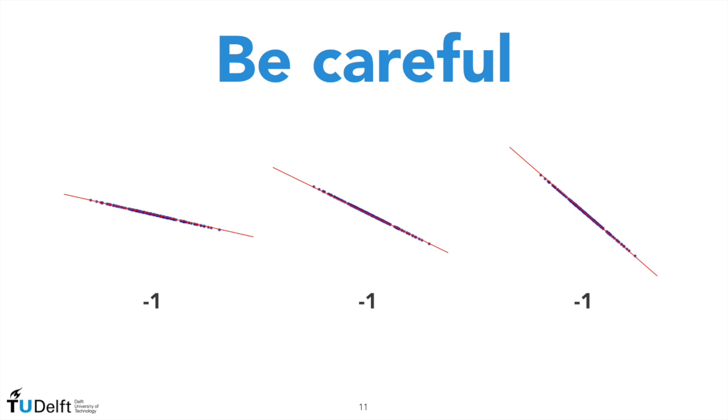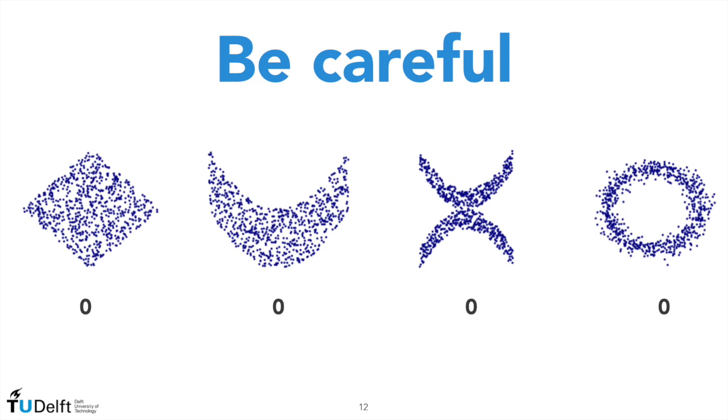All the observations are always on the straight line, but it's clear that the slope is not the same. Now consider these four plots. In every single plot, correlation is equal to 0, so x and y are uncorrelated. But could you really say that they are independent?